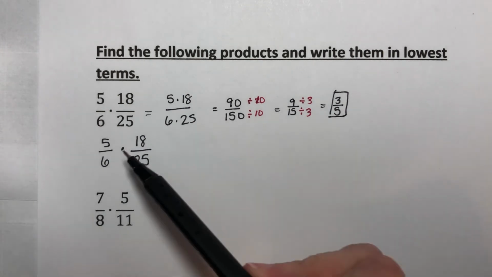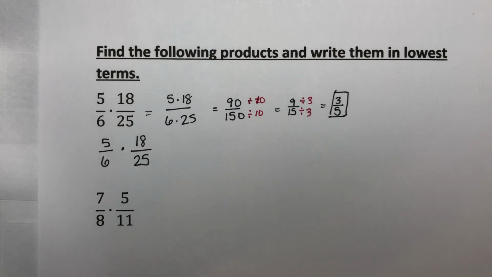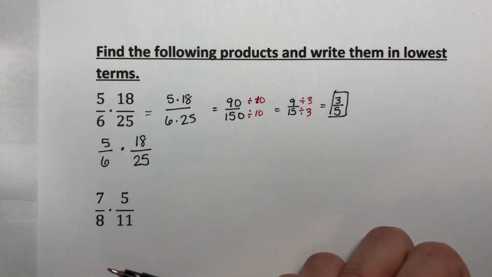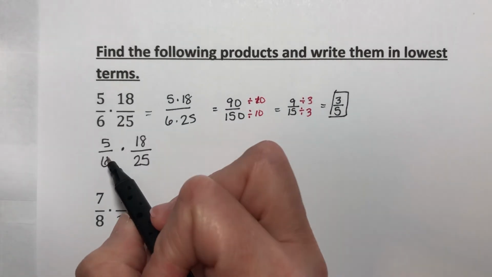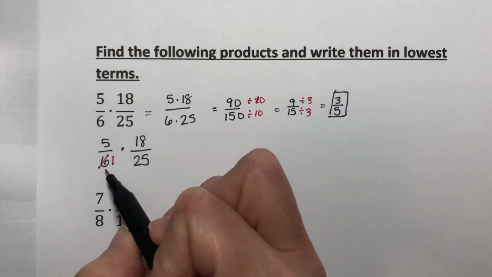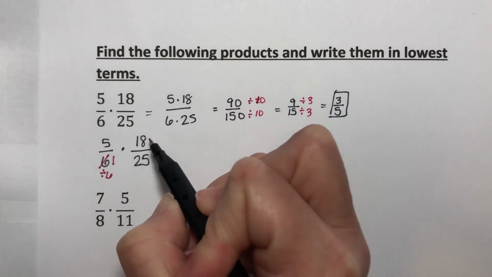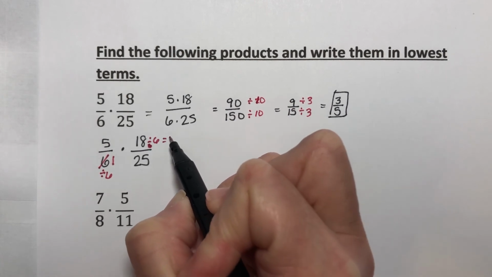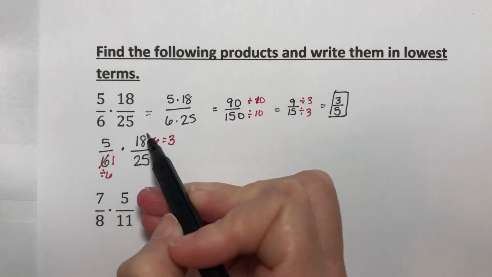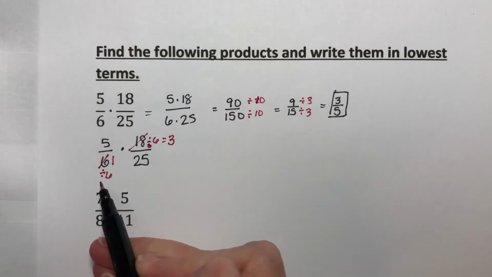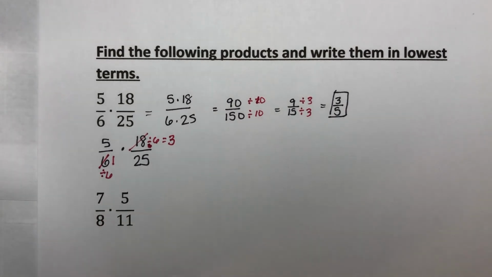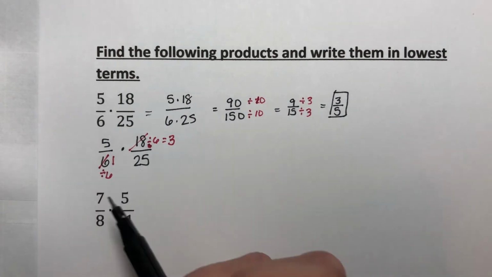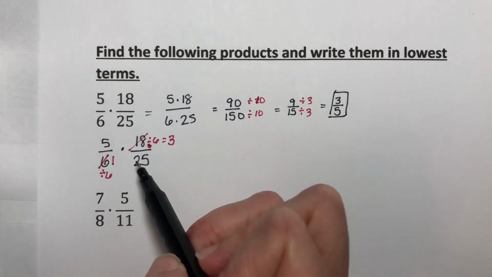Okay, so if I look here at the 6 and the 18, 6 and 18 are both divisible by 6. If I divide this by 6, I get a 1. So right here I'm dividing that by a 6. If I divide this by a 6, I get a 3. So now instead of an 18 here, I have a 3. Instead of a 6 here, I have a 1. Now looking on the other diagonal, 5 and 25. Both of these are divisible by 5.